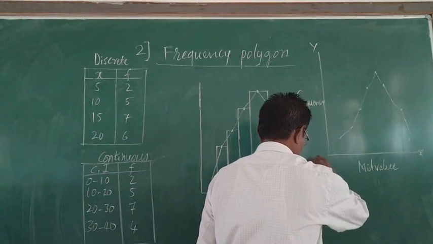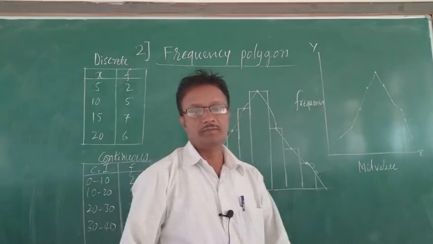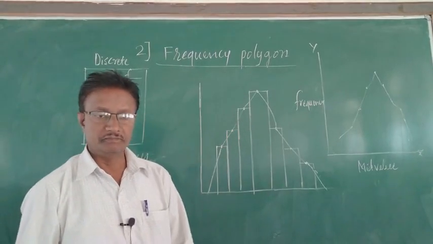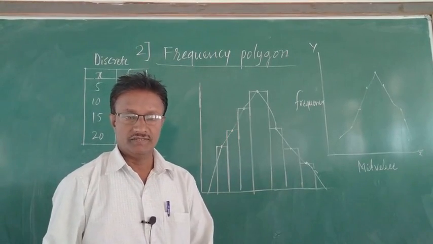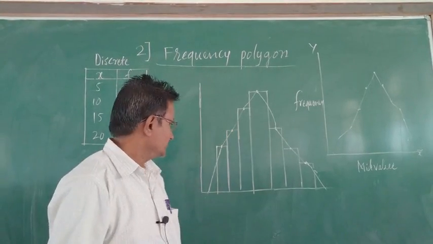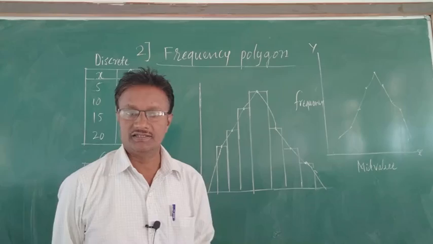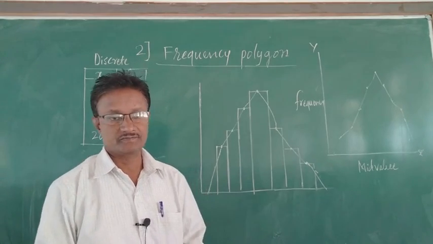So frequency polygon may be obtained by joining the midpoints of the rectangles in histogram.